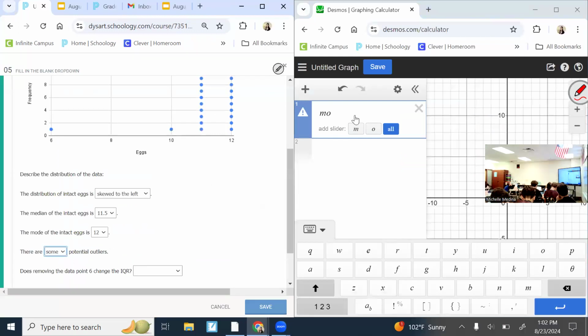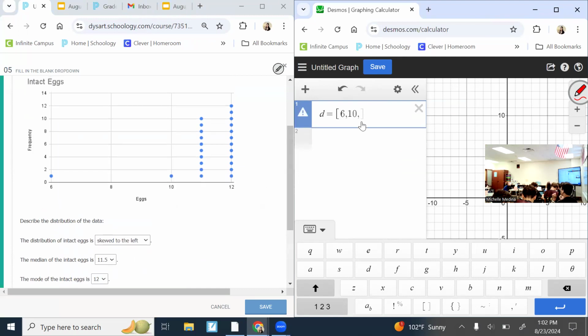I'm gonna type in my data over here. Remember, I can't help you with the calculator on the test, so make sure you know how to make your calculator think, and that's by typing this in. And then I'm gonna type in the data. I had 10 11s.